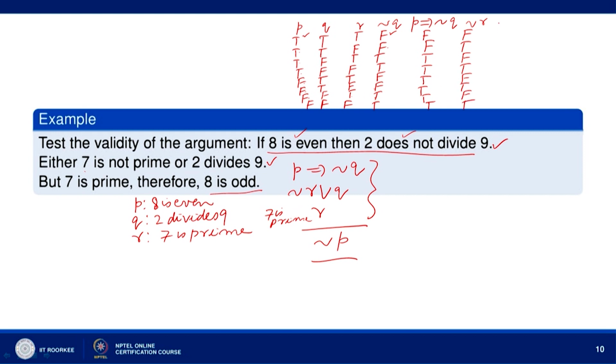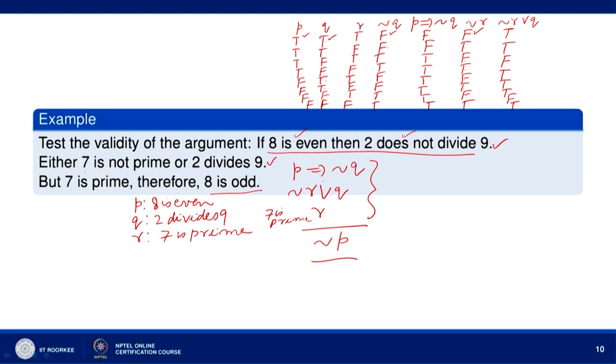And not R or Q. So, F T gives T, T T gives T, then F F gives F, then T F gives T, then F T gives T, then T T gives T, then F F gives F, T F gives T. Okay. Not R or Q, and then R. Okay. So, R is there already.